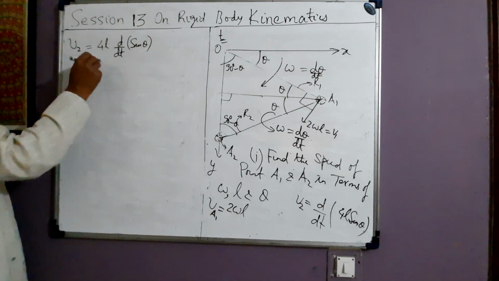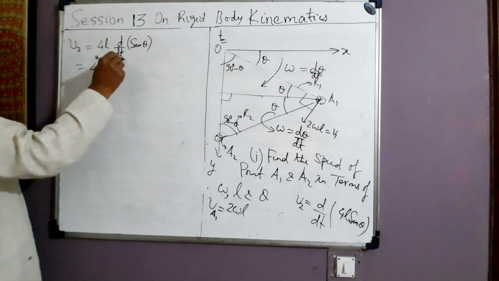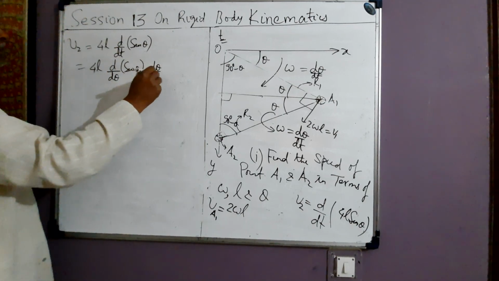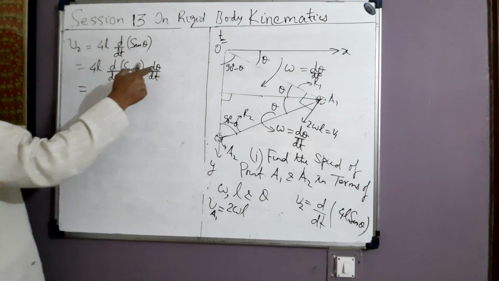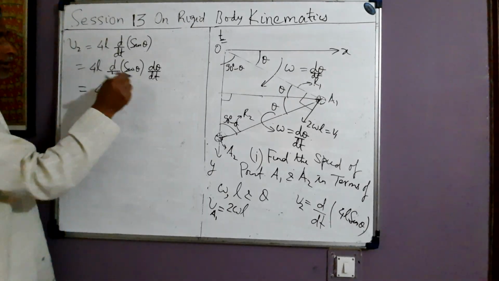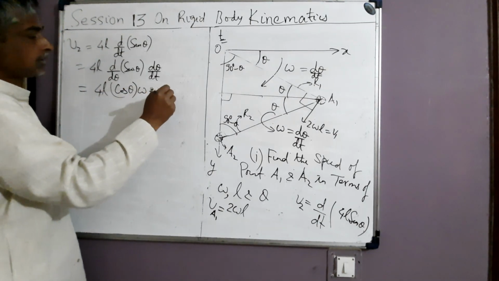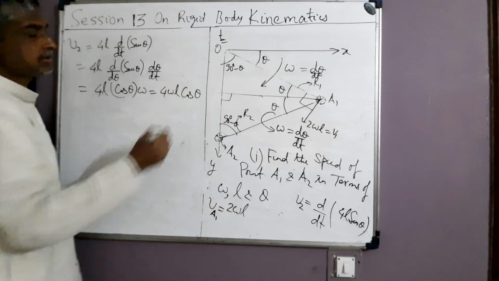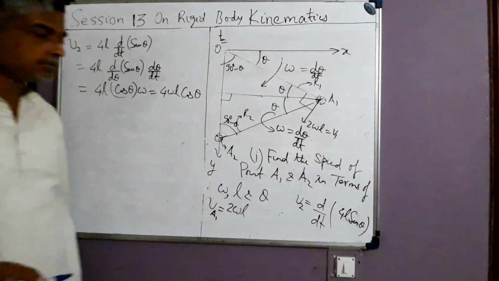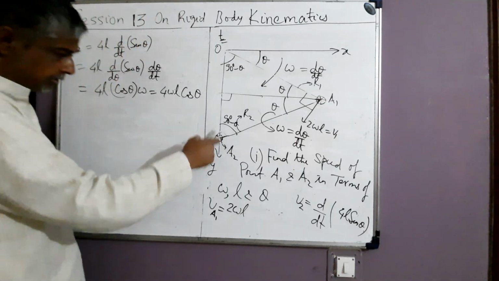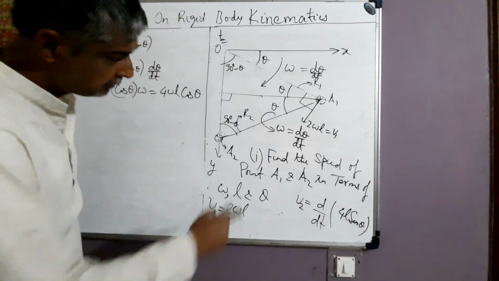This becomes 4L into d by d theta of sine theta into d theta by dt. This becomes cos theta, and this becomes omega. So V2 becomes 4 omega L cos theta. Fine. So the first part of the question has been solved. And the direction of V2 is vertically downward, along the positive y direction.